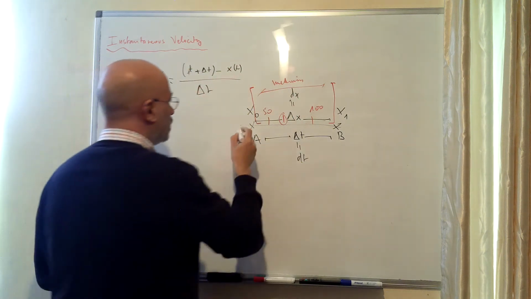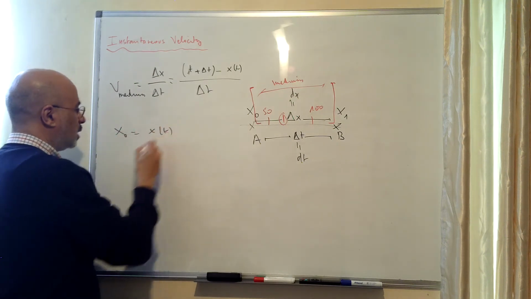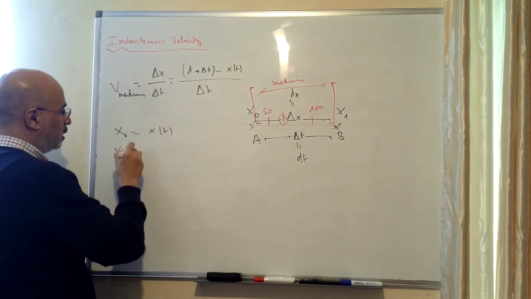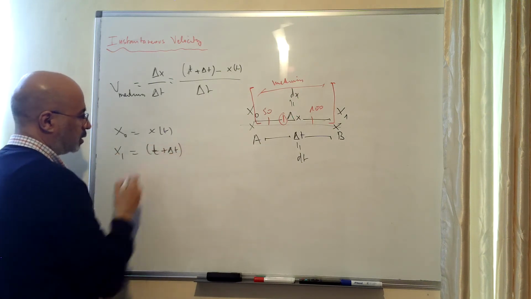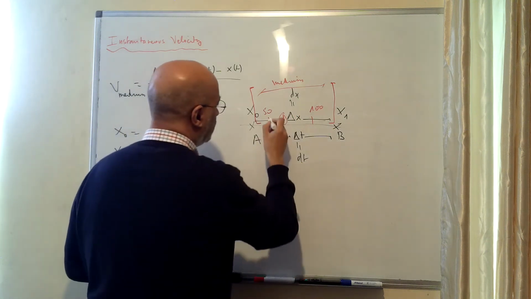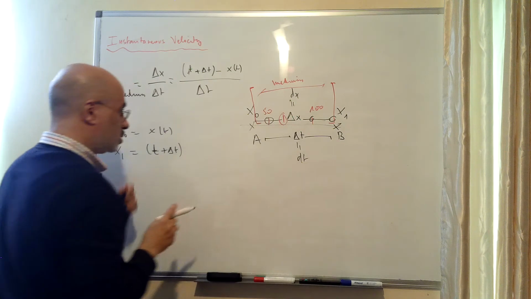Here we have, in the beginning, x0 is x(t), and x1 is x(t + del t). So if you want to know exactly what happened here, or here, or here, you should use the instantaneous velocity.